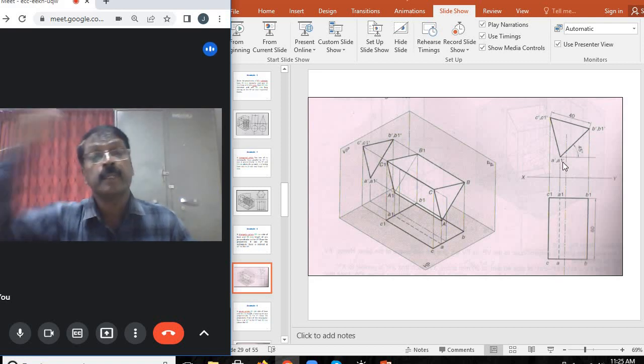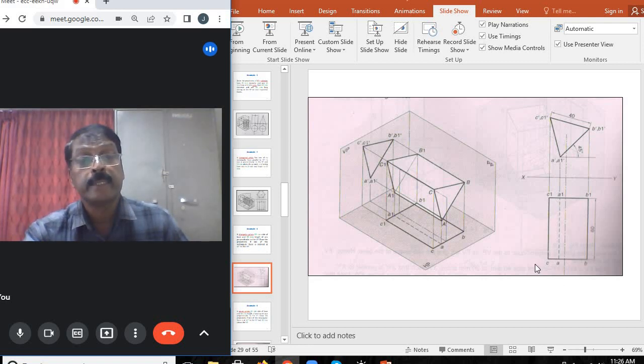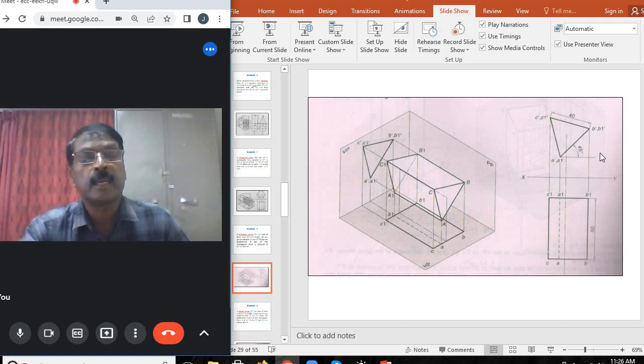Now projecting A dash, B dash and C dash vertically downwards. Now complete the top view. Here C dash C1 dash looks like a straight line, B dash B1 dash looks like a straight line. Now see, consider another component here.